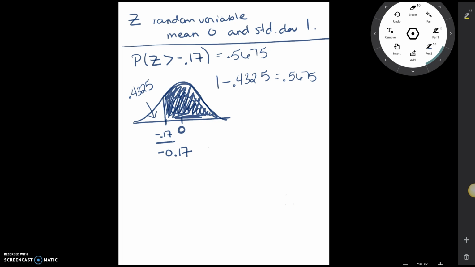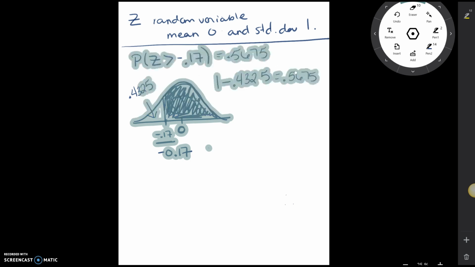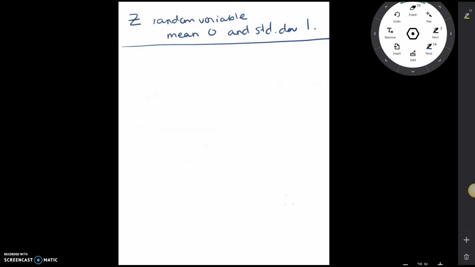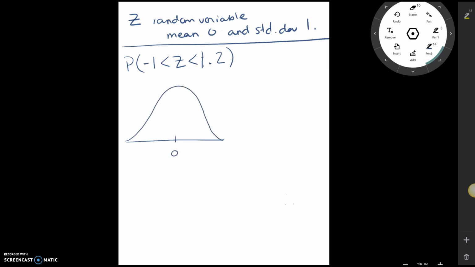So let's look at another example. Let's say that I want to find the probability that z is between negative 1 and 1.2. How could I do that? Again, I'm going to draw my picture. It's a standard normal, so I know it's centered at 0. Negative 1 is somewhere down here, and 1.2 is somewhere up here.